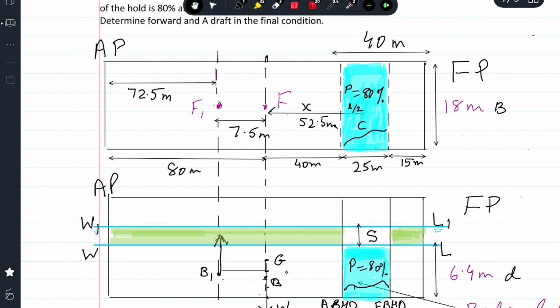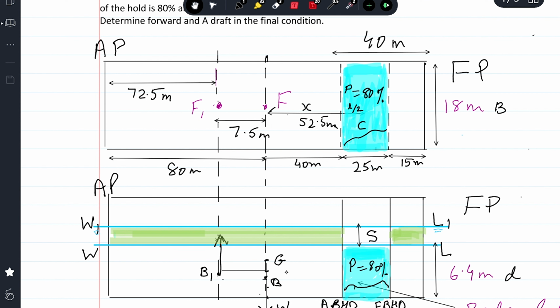The compartment which is bilged, so this volume which is 80% of this compartment below water level, is not contributing now to the buoyancy of the vessel. So this volume which is lost must be regained by the vessel. So the vessel will sink further. There will be an increase in draft and the volume lost will be regained.